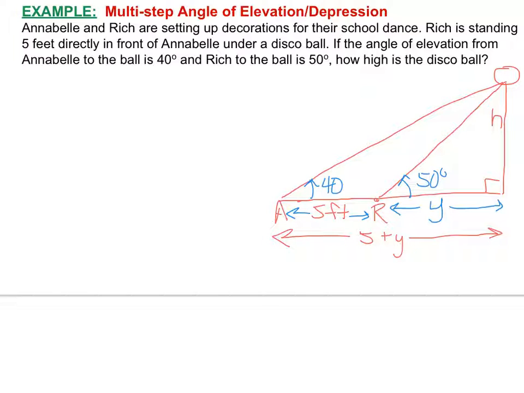And if we have to solve for h, let's think about which trig function we're going to use. We know we have SOHCAHTOA. h is, with respect to the two angles, the opposite.